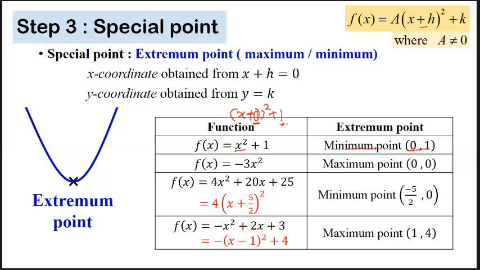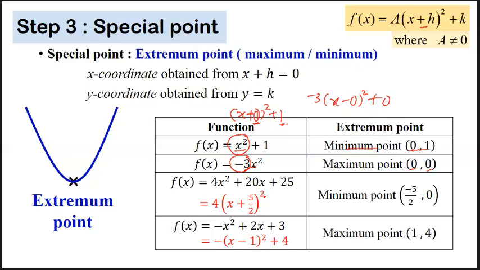And this is a minimum point because the coefficient of x squared is positive. The next case has a maximum point at 0, 0, where the coefficient of x squared is negative. Then the x and y coordinates of the maximum point come from comparing with the function above.